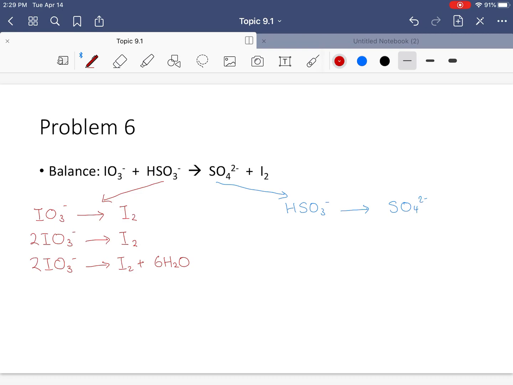But by doing that, you add some hydrogen. So you're going to have to insert some hydrogen on the left to balance hydrogen out. So in total, there's 12 hydrogen. So what are we going to do? Well, add 12 hydrogen ions. That's what we're going to do.